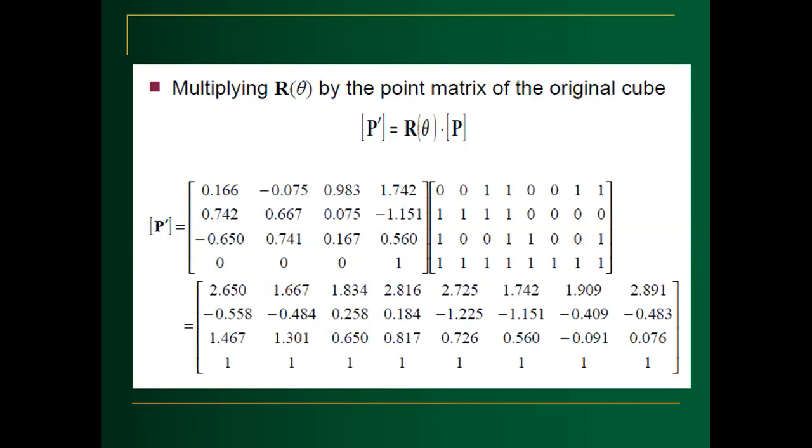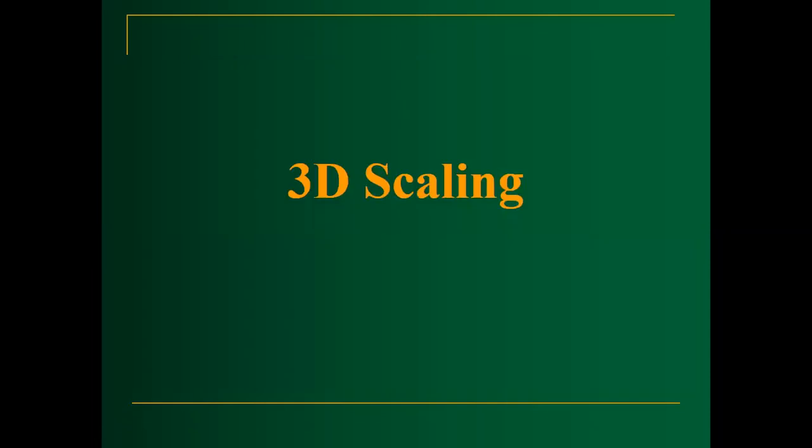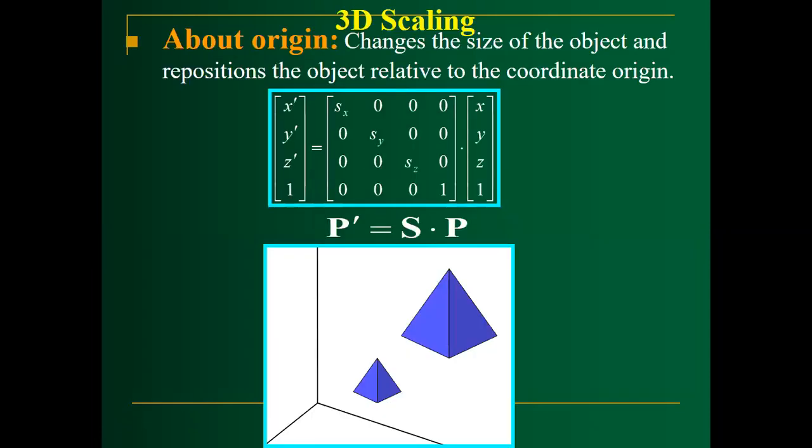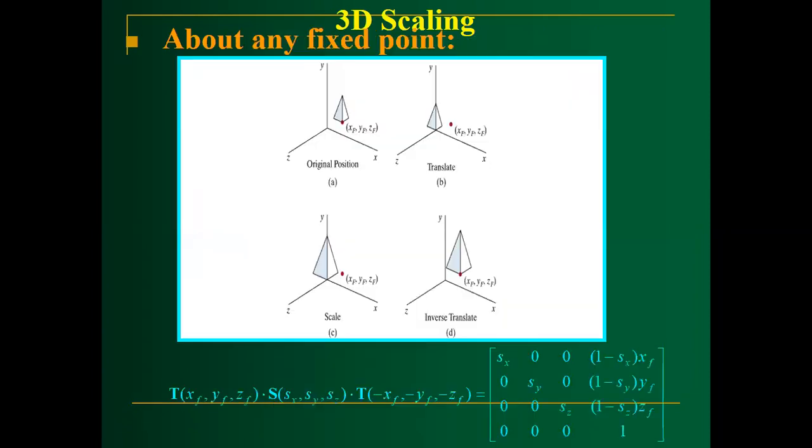Next, the pretty much straightforward ones like translation, that is scaling, shearing, reflection. So a quick look at scaling. These are the 3D scaling parameters, uniform scaling, non-uniform scaling, same as copy paste of your 2D.